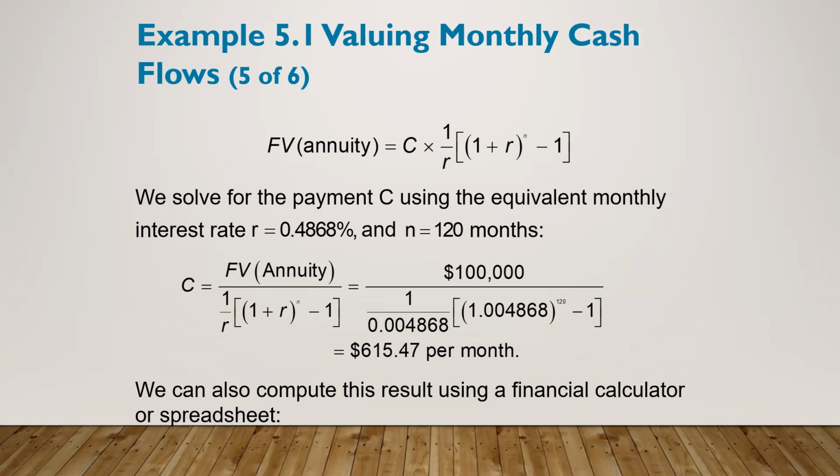So we have future value of the annuity equals C times 1/R, then in brackets 1 plus R in parentheses to the n power minus 1. So we solve for the payment C using the equivalent monthly interest rate R equal 0.4868%, and N is the 120 months.